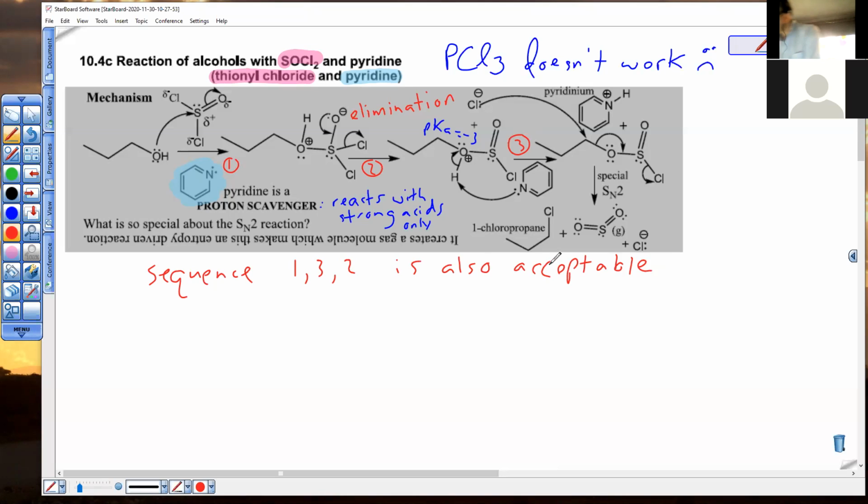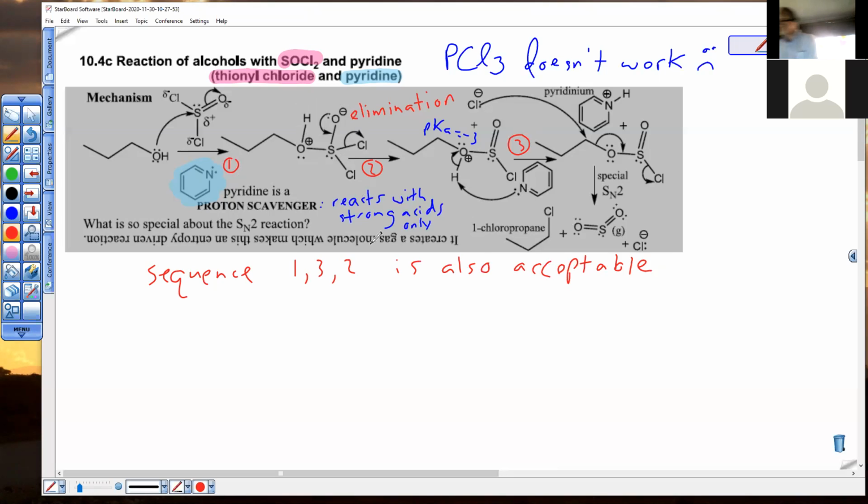It's easy to get to a hydrogen. Maybe 3 should be before 2 because that's an acid-base step, right? And the truth is, I'm going to take either this sequence, 1, 2, then 3, or you could do 1, then neutralize the oxonium here with the pyridine. So just come over here and grab this H, make a neutral O, then do these arrows for elimination in step 3.